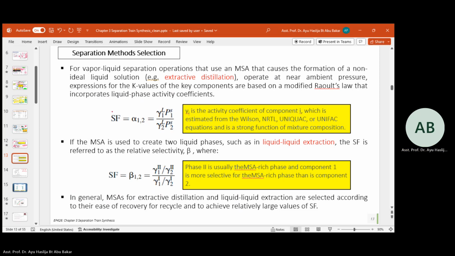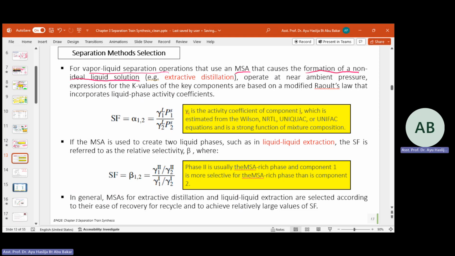Now here, the separation factor is equivalent to the relative volatility for vapor-liquid separation operations that use an MSA. That causes the formation of a non-ideal liquid solution, non-ideal, because you already add in the MSA.